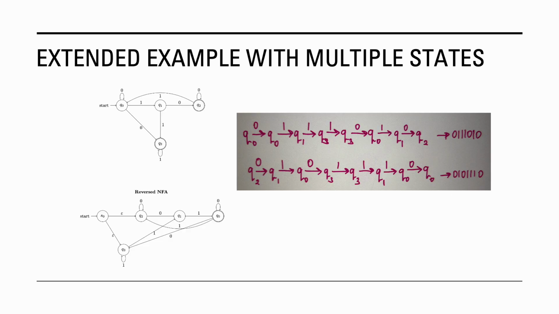Since we're trying to prove that they are the reverse of each other, we're going to ignore the path that would loop through Q2 again and take the Q1 path. So eventually the reverse would be 0, 1, 0, 1, 1, 1, 0, and the path would be Q2, Q1, Q0, Q3, Q3, Q1, Q0, Q0, and that's the reverse of the original path in the DFA.